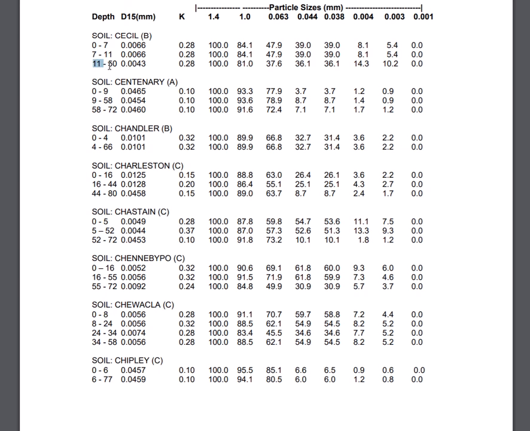And again, you can do the worst case scenario, or you can do what makes the most practical sense. So for this soil type, obviously they typically remove the topsoil first, and some areas may be 2 feet of cut, some areas may be 10 foot of cut, but for Cecil, the one that is most representative of a typical construction project is this bottom soil type, or bottom profile.